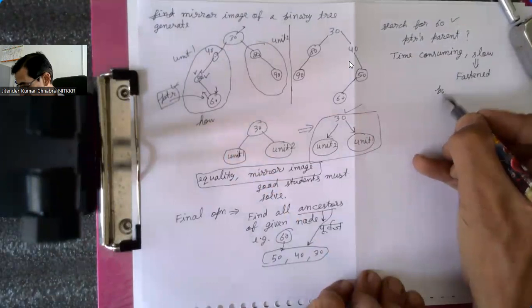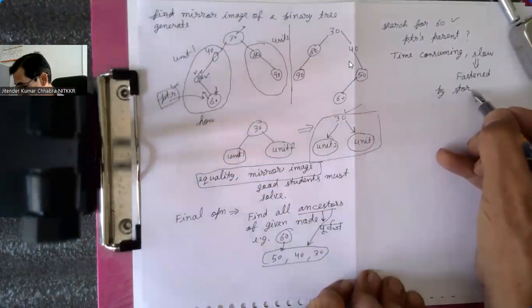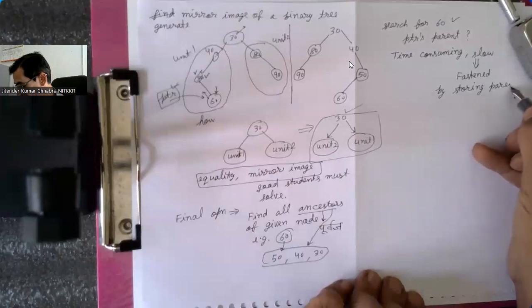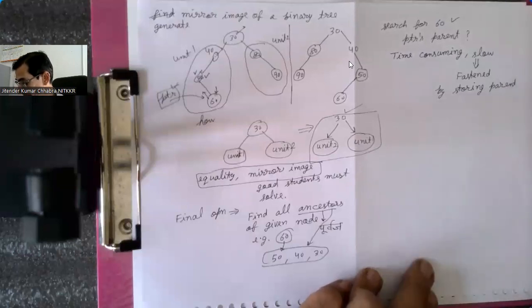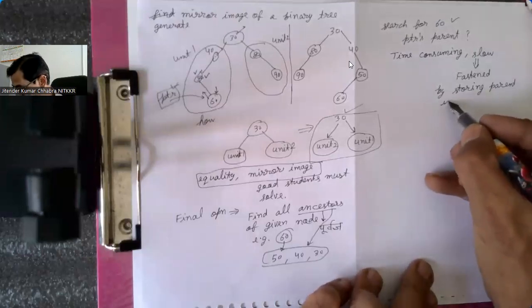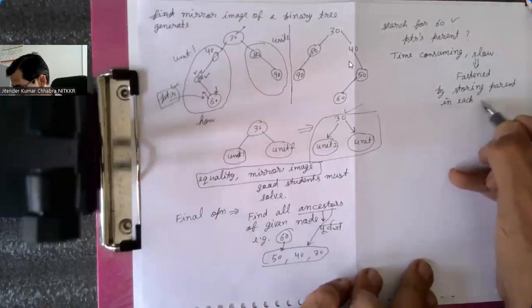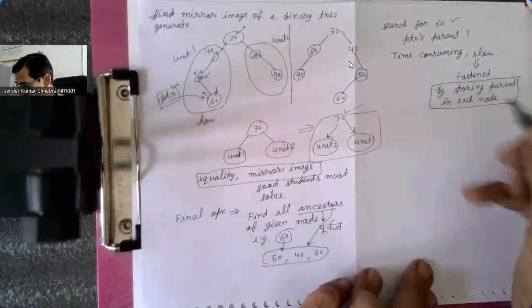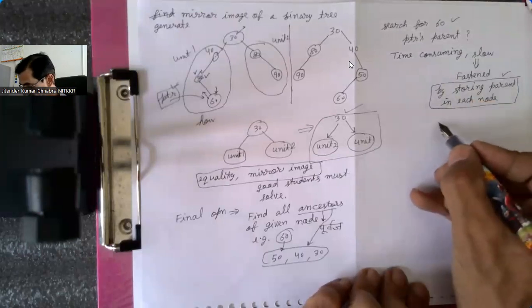by storing a parent in each node. So I say the same thing you can do by storing a parent in each node. If you are able to do that, things will become easy.